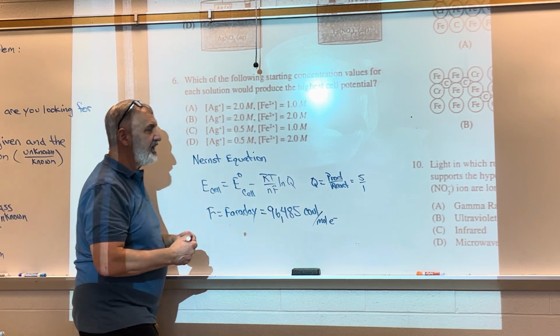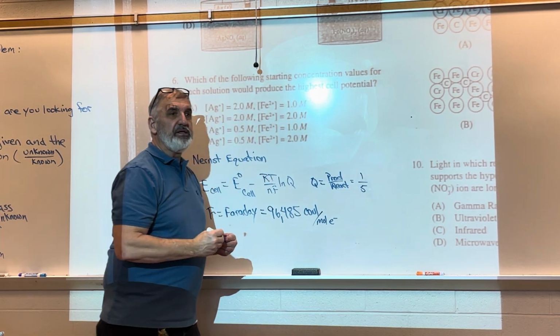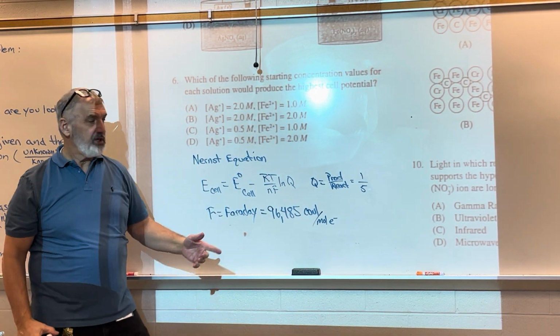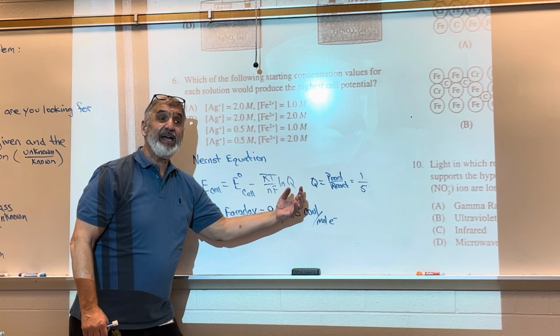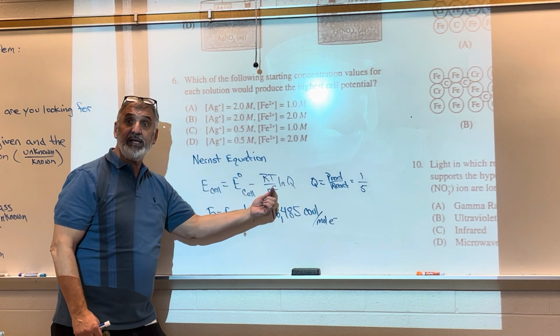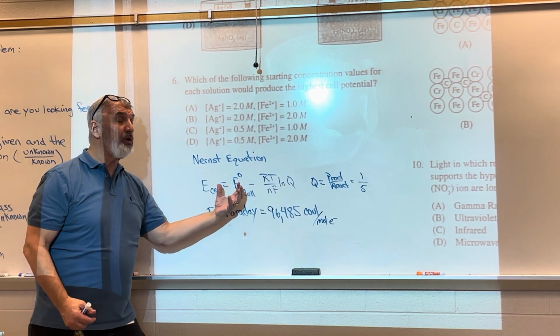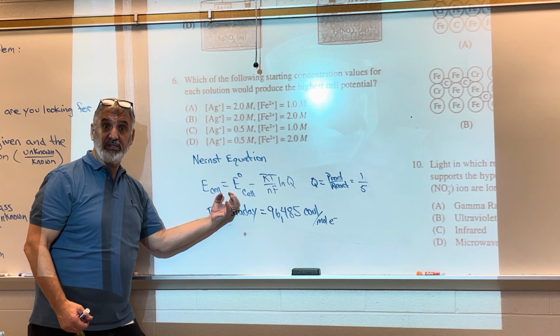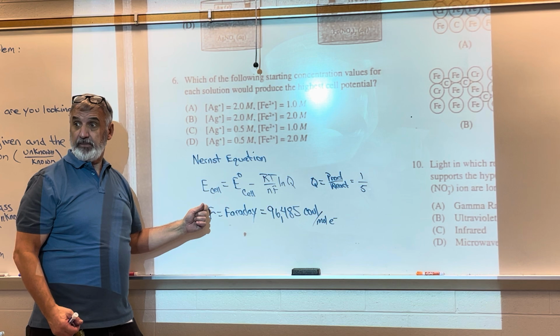On the other hand, if we have 1/5, now we have a decimal. So the natural log of a decimal is now a negative number. So now it's going to be minus a minus. And that's where your battery starts. When you have more reactant than product, you're going to add to it and your cell potential goes up.